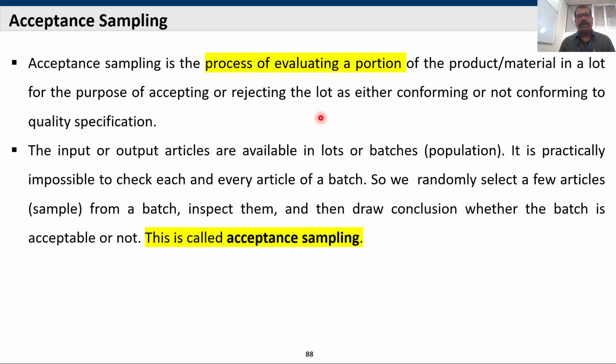So in that sampling, what is meant by acceptance sampling? Acceptance sampling is the process of evaluating a portion. So how are we evaluating the particular portion which we are taking out from the lot, whether it is accepted or rejected?